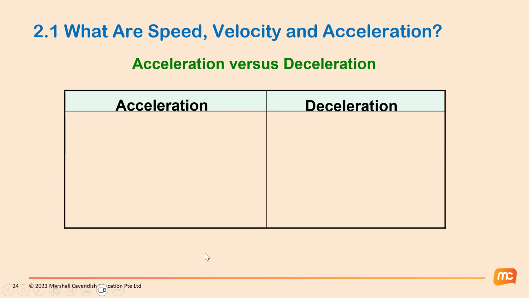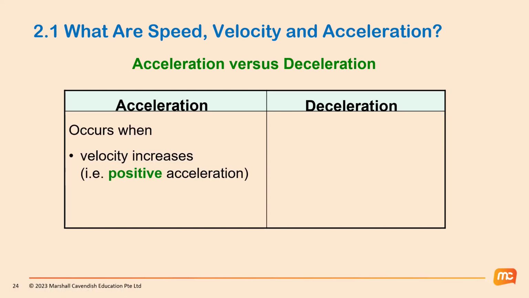We say an object has an acceleration when it is moving faster and faster. That's why in a car we say you step on the accelerator. When you step on the accelerator, your car moves faster and faster. So acceleration means the velocity is increasing, which is a positive acceleration.